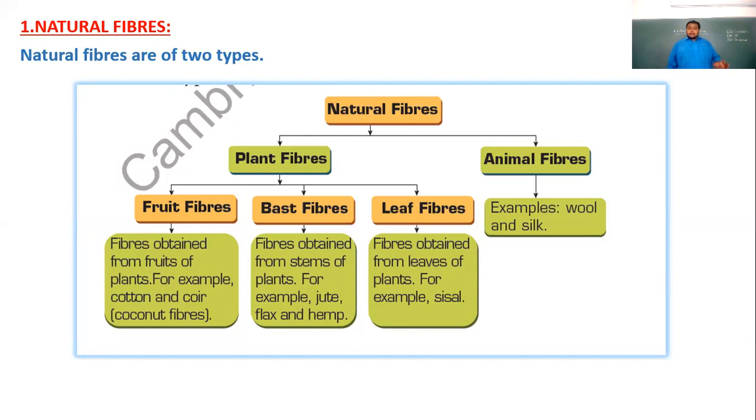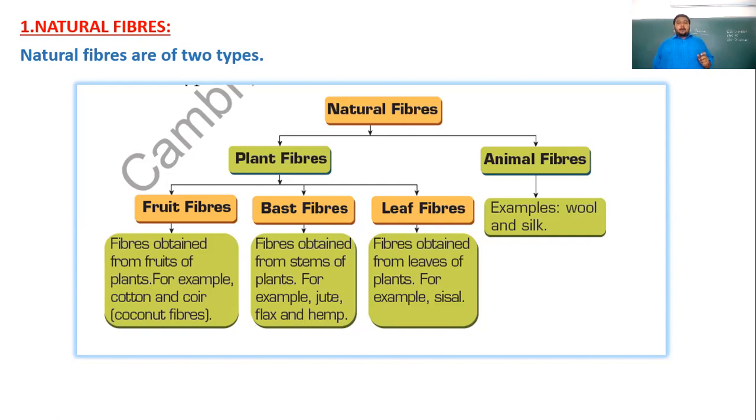So these are some types of plant fiber which come under natural fiber. Next one is animal fiber. There are only two kinds of fiber, wool and silk. The fiber which is obtained from the animals, sorry, not the skin but the hairs of the animals, is called animal fiber. Examples are wool and silk.